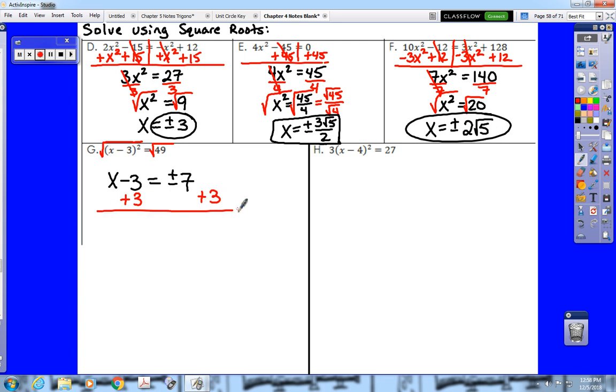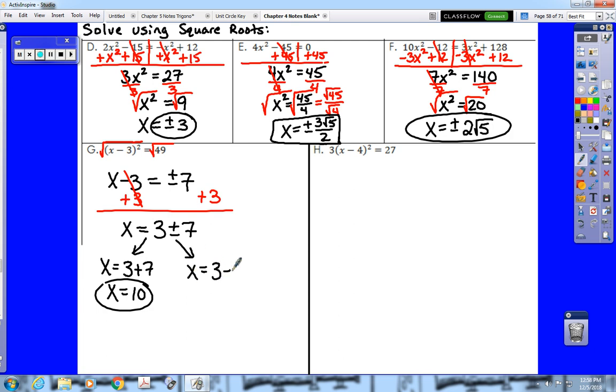Now notice I'm not adding 3 directly to 7 right away, because that's not 7. That is plus or minus 7. So x is equal to 3 plus or minus 7, meaning there are two solutions. 3 plus 7, or 10, and 3 minus 7, which would be negative 4.